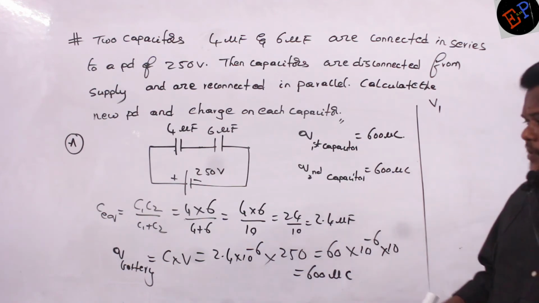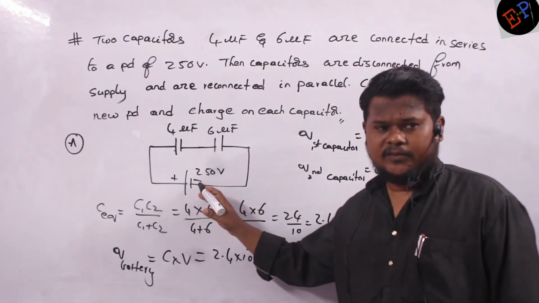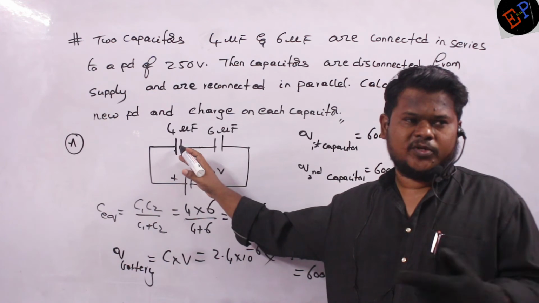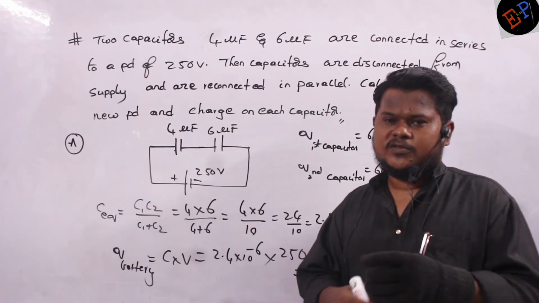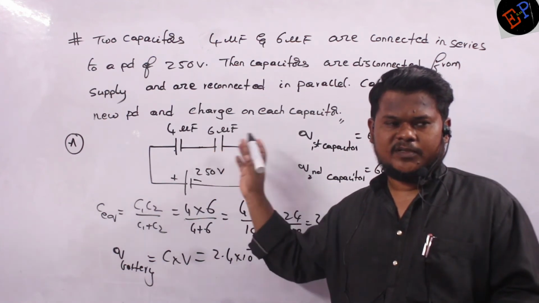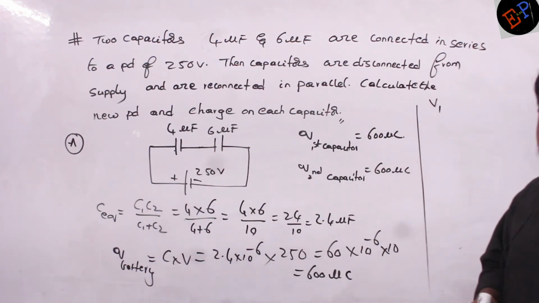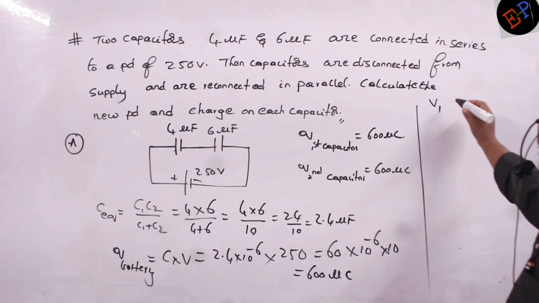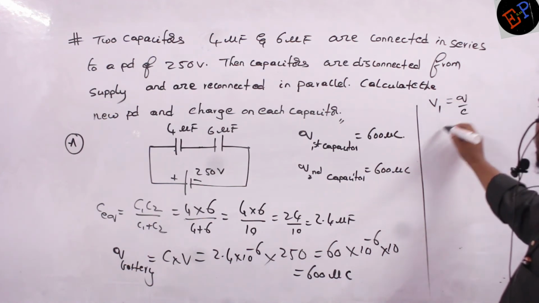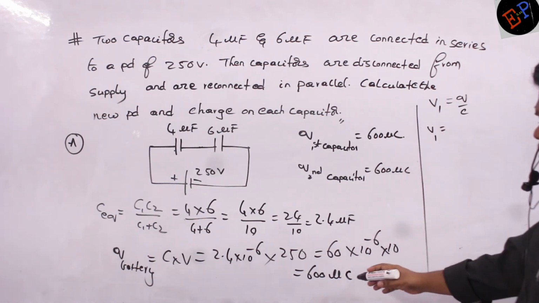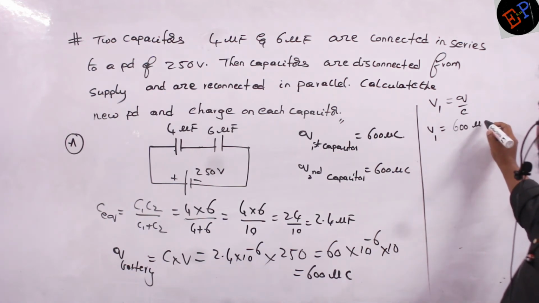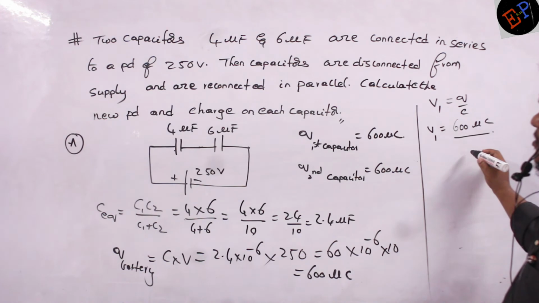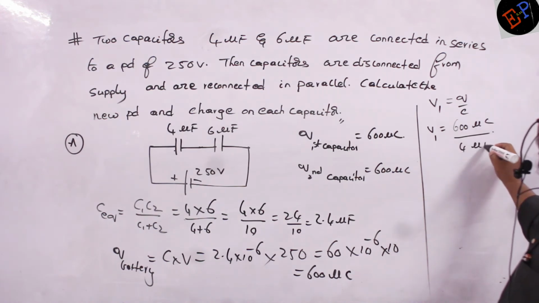See, out of the total 250, the first capacitor will take some potential, and the second capacitor also will take some potential. So how much potential will be taken by the first one? V is equal to Q by C. So V1 is equal to the charge on each capacitor, 600 microcoulombs, divided by capacitance, 4 microfarads.